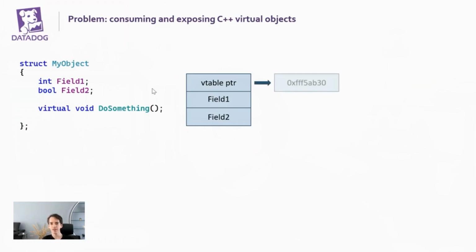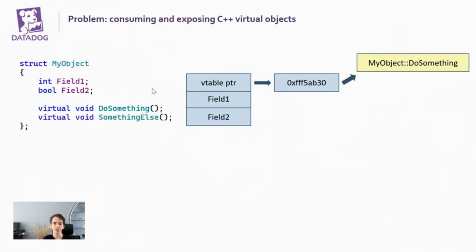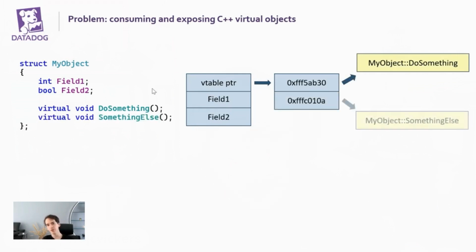And the vtable is a chunk of memory which will contain addresses of the implementation of the methods. And so if we add another method, something else, this will add another entry in the vtable, which will point to the implementation of something else.